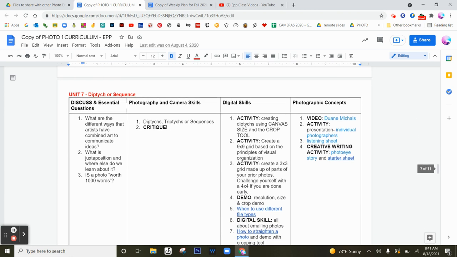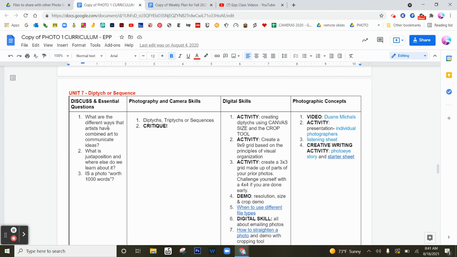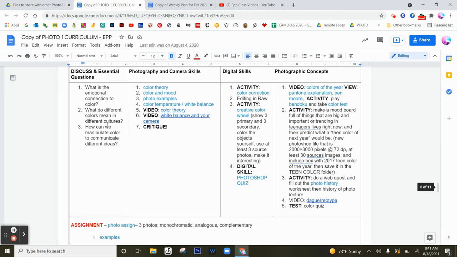And then on to that is diptych and sequence. So again, building conceptually, how can I take photographs of two different things and combine them together and make them better and more interesting than they were, and have them say something more than an image by itself? And then we go into color.